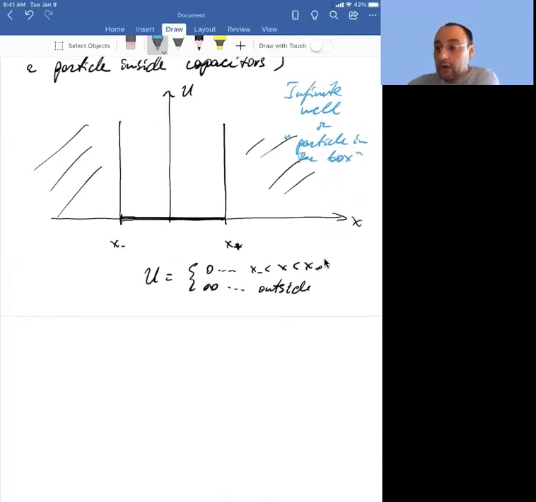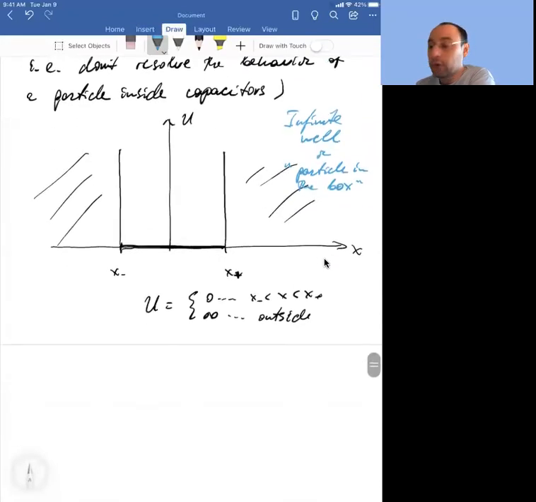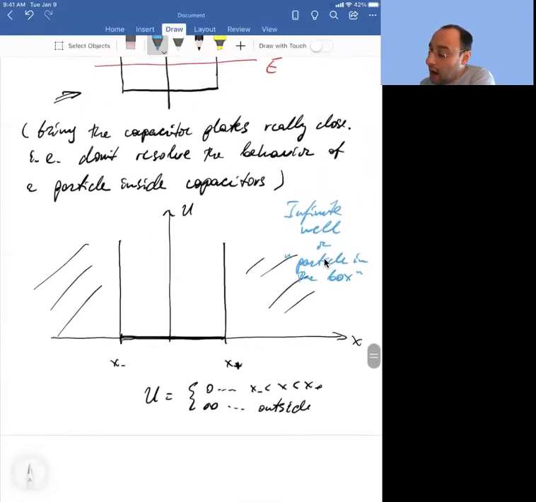But if you learn to understand the solution to this problem, you will be able to intuit about quantum solutions to more complicated problems. Even if you cannot solve them, you will be able to reason out what those solutions do. And this is why we spend time on the infinite well, and a little bit on the finite well.